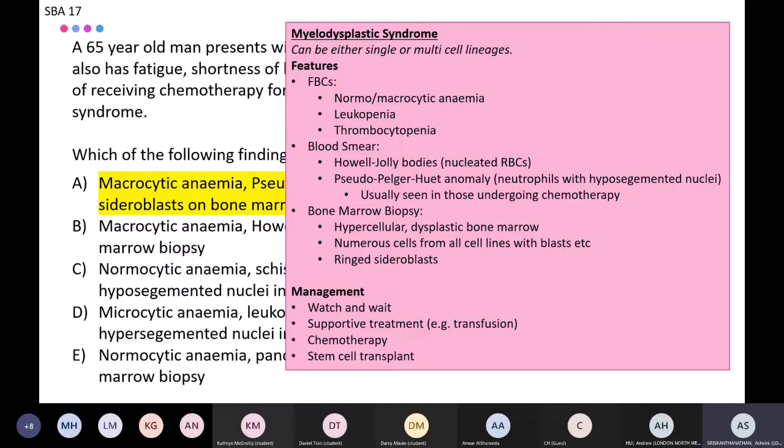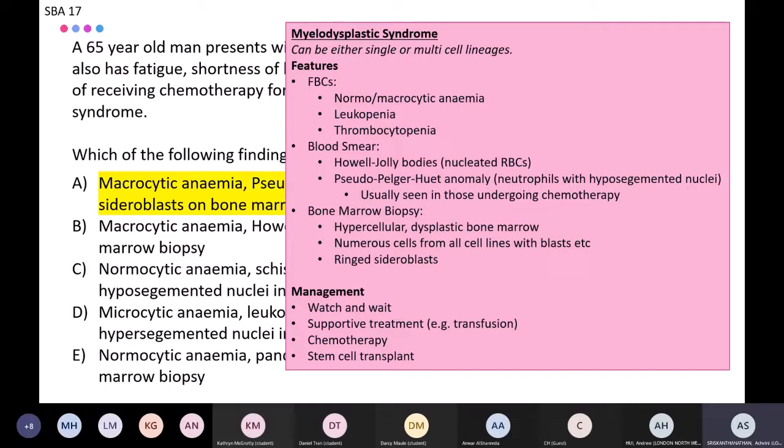And on blood smears, you can get Howell-Jolly bodies, where you can see the nucleated red blood cells, and the pseudo-Pelger-Huet anomaly, where the neutrophils are hyposegmented with nuclei. And this is normally seen if they've been undergoing chemotherapy. So this patient's been receiving chemotherapy, which kind of links in with this.